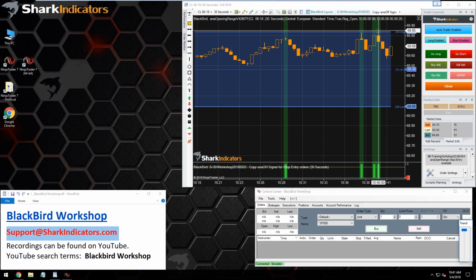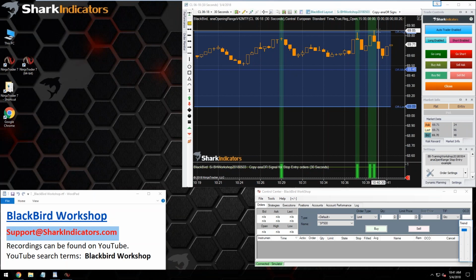So that was another safeguard built into the BloodHound signals, so that there wouldn't be multiple breakout signals. But I think I disabled that safeguard in the BloodHound template there.